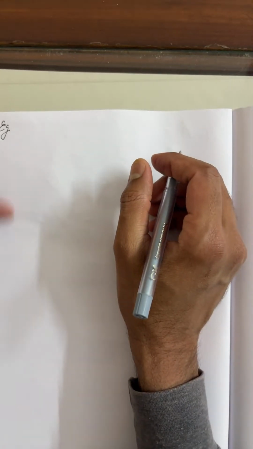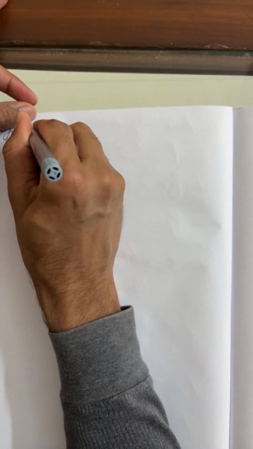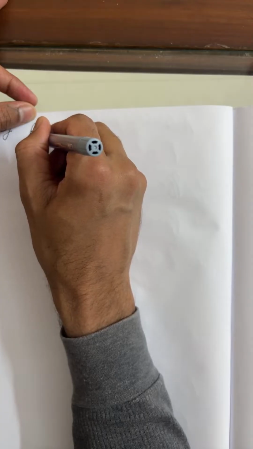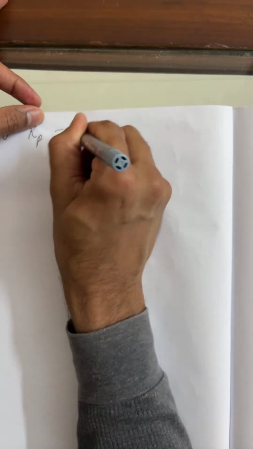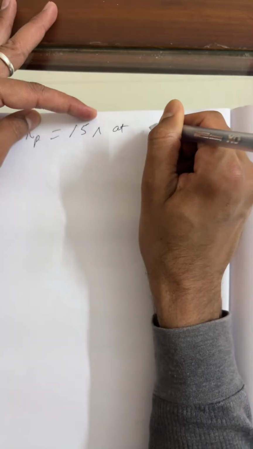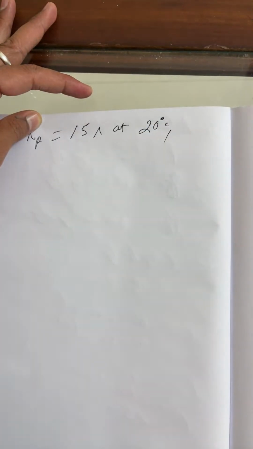Now, next question here. The resistance of a platinum wire is 15 ohm at 20 degrees Celsius.